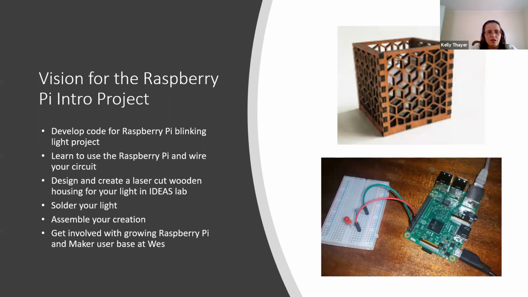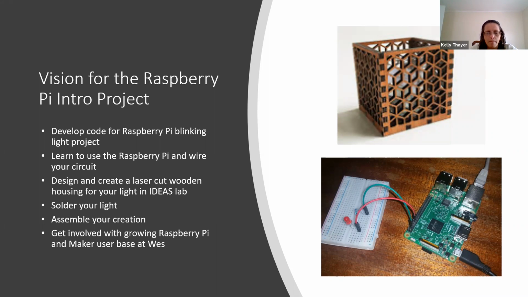So the vision for the Raspberry Pi project is that it's going to go over a series of workshops that we're going to offer over the year, and hopefully we're all going to be able to be back on campus soon so we can actually do this. This is put on by Ideas and the CIS. What we want to do is integrate the opportunity to actually make something.